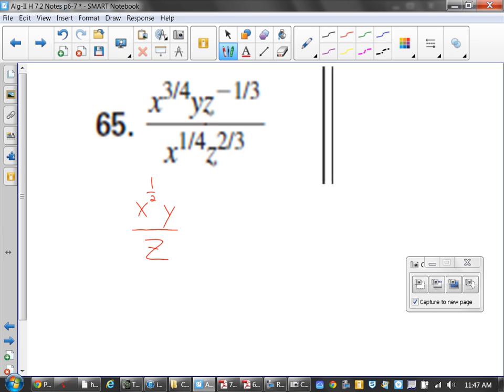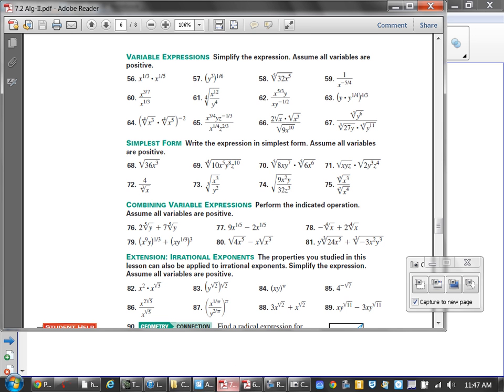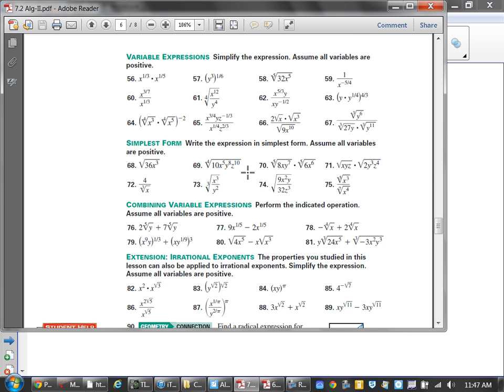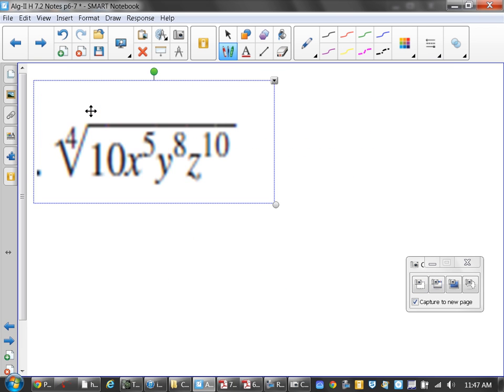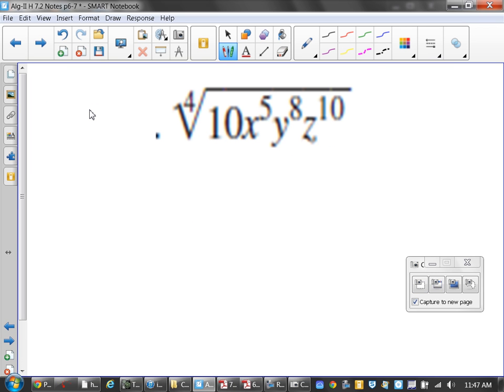Variables are easier to deal with, okay? Do you remember how we did this? You have to pull it out, and then how many times that index goes into x, and then you put y.